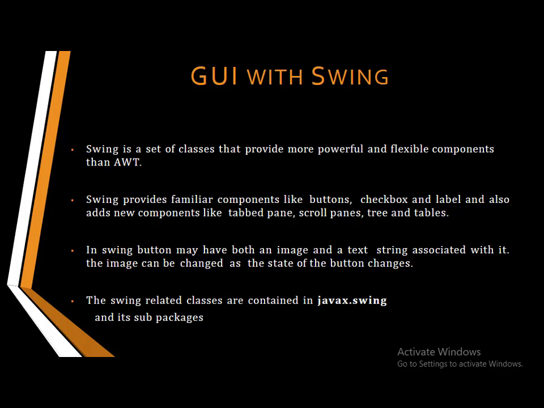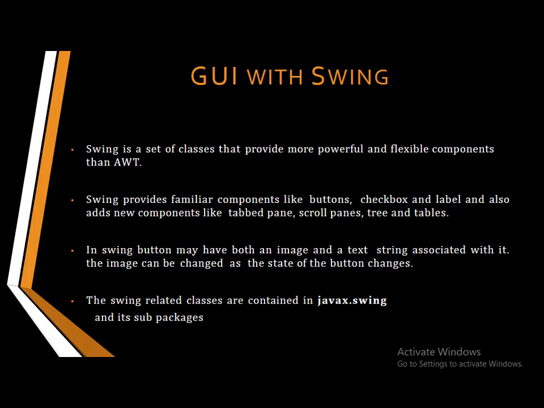Swing is a set of classes that provide more powerful and flexible components than AWT. It provides very familiar components like button, checkbox, text field, text area, label, and it also provides tabbed pane, scroll panes, and tables, trees that are not provided by the AWT components.